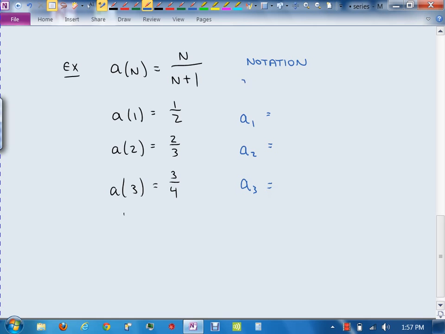But that means I can also write the actual sequence function in this notation. Instead of a of n, I write a sub n, and then I write n over n plus 1. And that would give me the 1/2, 2/3, 3/4, and so on. So that's just a different notation for the same thing.